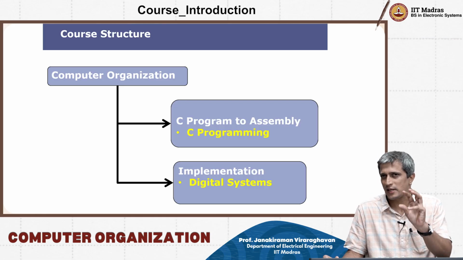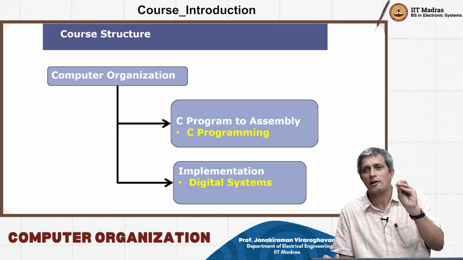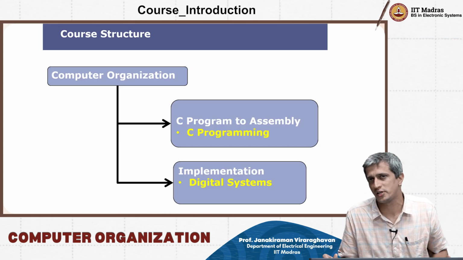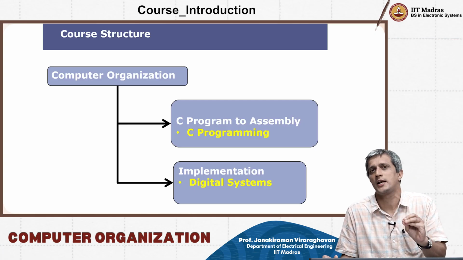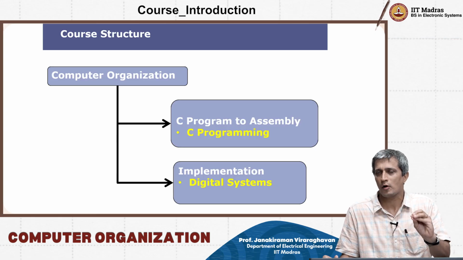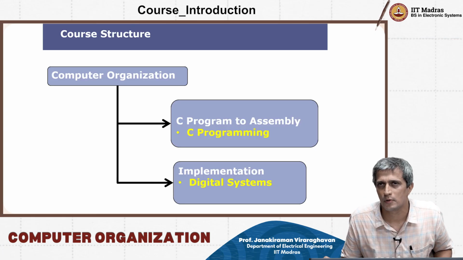So that is going to be a slightly different electrical engineering viewpoint, and that will differentiate this course offering from other computer architecture courses that might be available from many other experts.